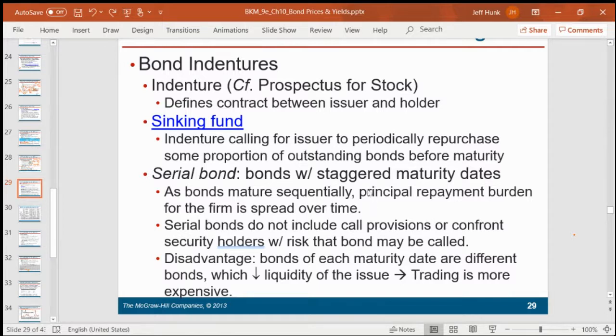In that case, the burden of coughing up $10 billion for this company is much lower, or even raising another 10 billion. I mean, 10 years later, who knows how the credit rating of this company will change?